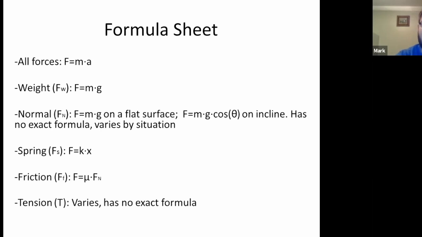It depends on the surface you're having friction on. There's two different types of mu: static and kinetic. Kinetic is when an object is already moving and it's usually lower. Static is when an object is at rest and you're trying to move it. It's usually higher. Tension, again, varies, no exact formula, just like normal force.